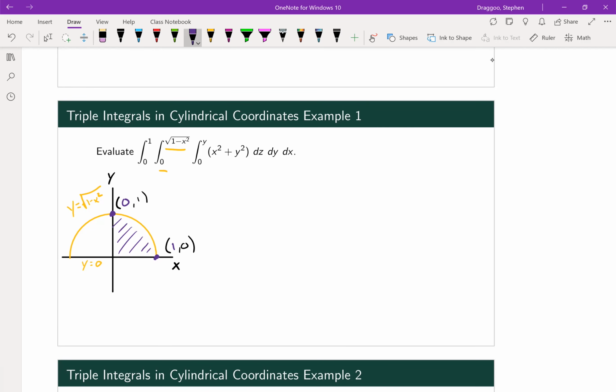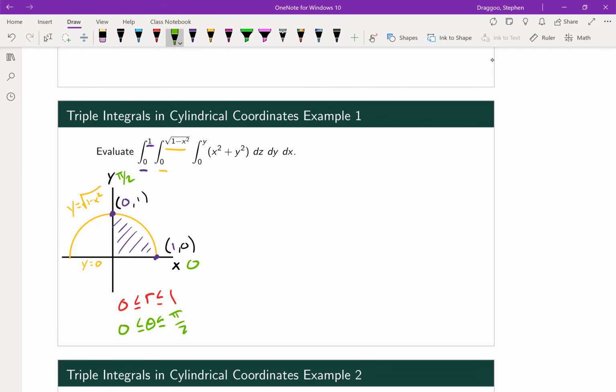And x goes between 0 and 1, meaning that r is going to be between 0 and 1, since that circle has a radius of 1. Our theta is going to be between 0 and pi over 2, since 0 would be the x-axis and pi over 2 is the y-axis.